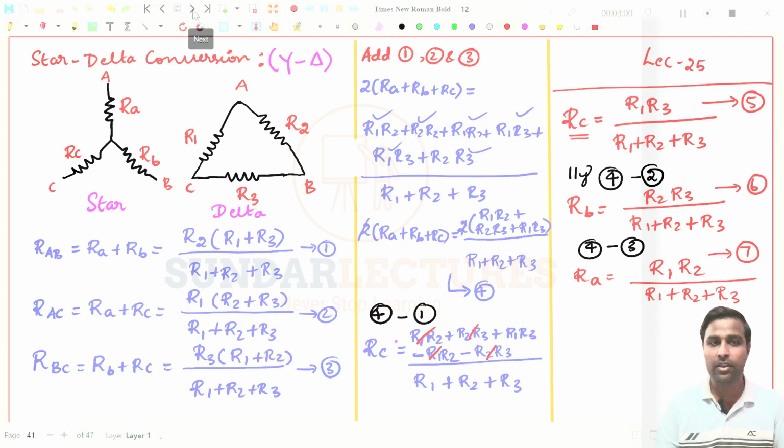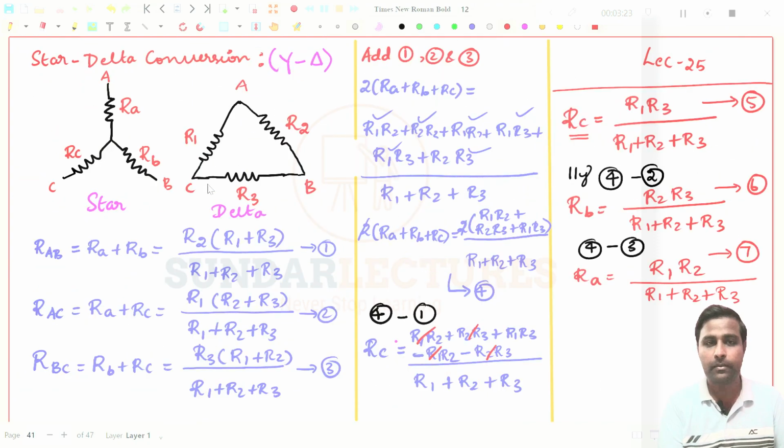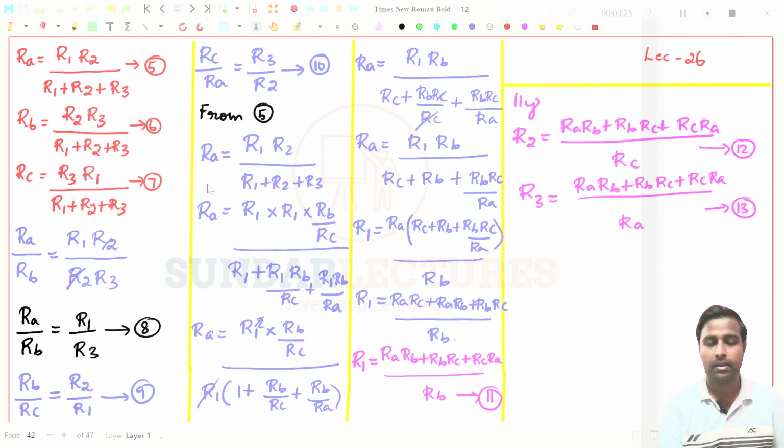That is the thing you have to understand. Between A and C, it should be R1. Then A and B should be R2. And between B and C, it is R3. Am I right? Okay, fine.